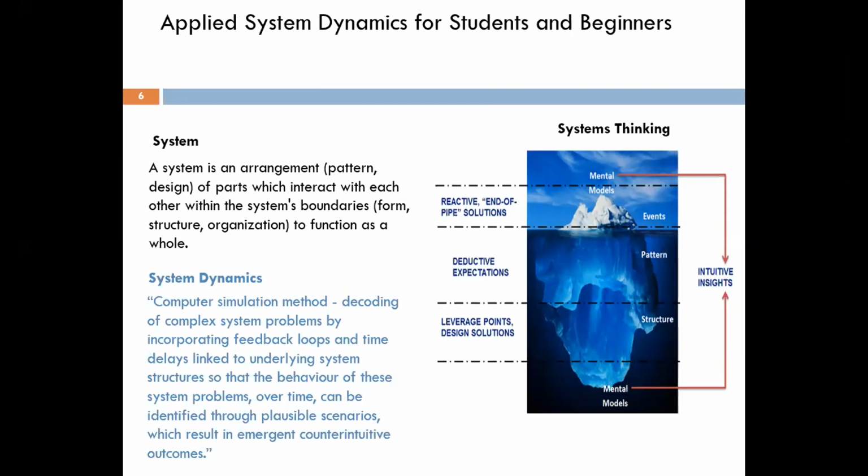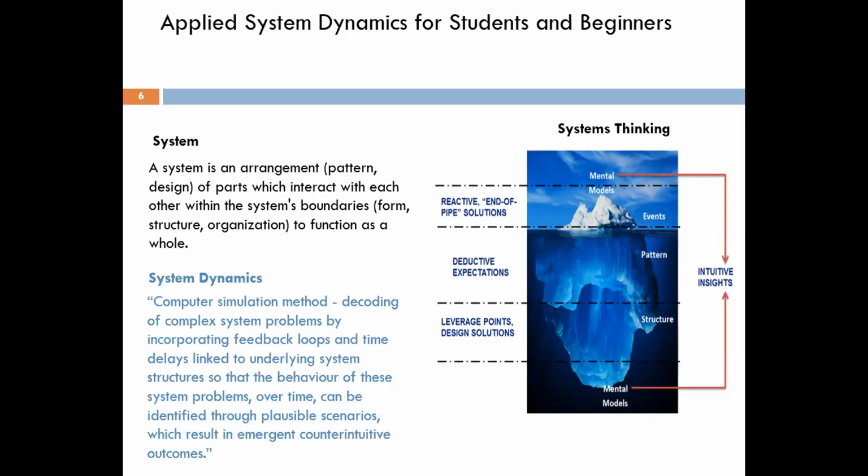Now, once we come across a whole series of events, we start deducing things in terms of the pattern that's emerging. And trying to then identify these patterns of behavior already takes us one step closer to actually understanding the root cause of the system.